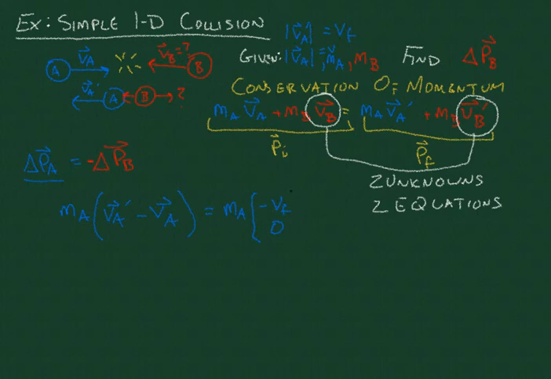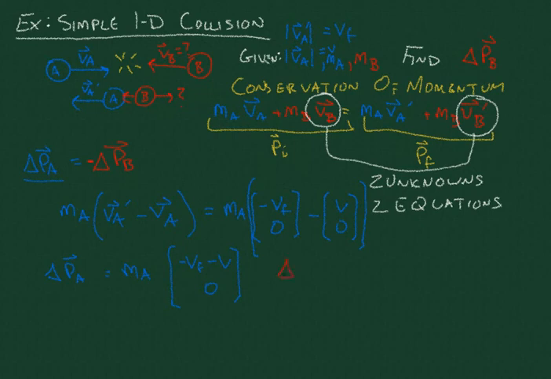It has no y component, right? And then we subtract its initial velocity, which is just V0, again only an x component. So our change in momentum for A is mA times minus Vf minus V0.